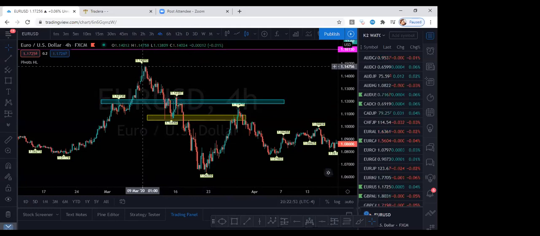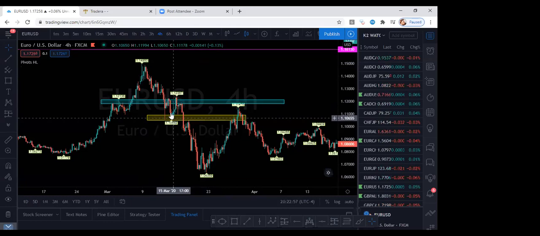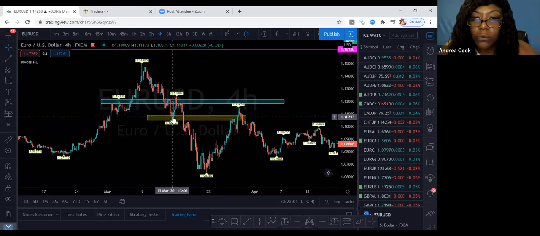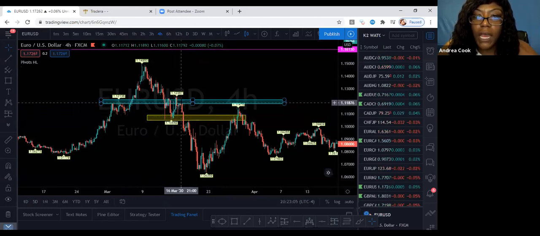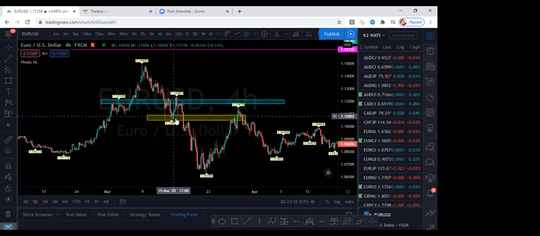Okay, so when price came down here, we wouldn't take the sell right here. This just let us know that it made the lower low, right? So it made the lower low and it came back up. If we had this chart marked up, we know that here is where we had made a higher high before it made that lower low.